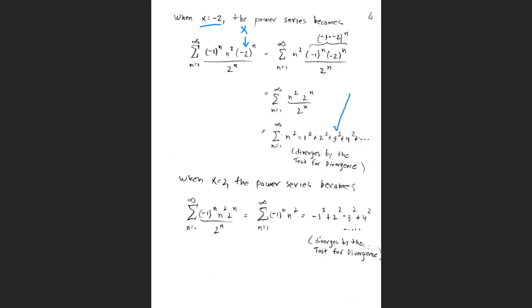The -1 to the nth power and the -2 to the nth power. I put those together here, but -1 to the nth power times -2 to the nth power is -1 times -2 to the nth power.